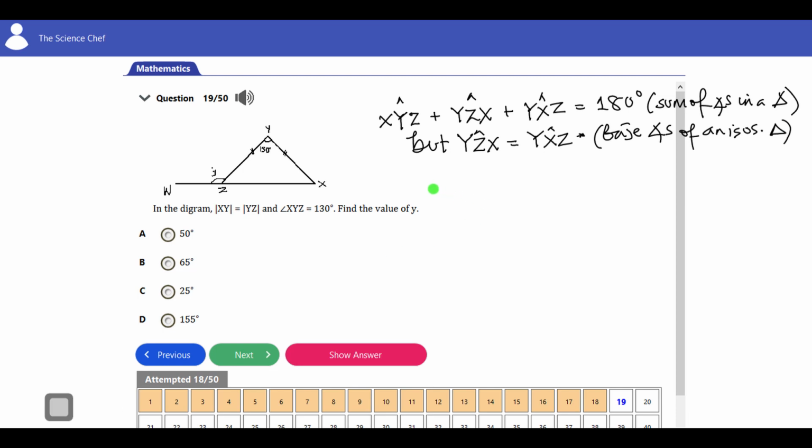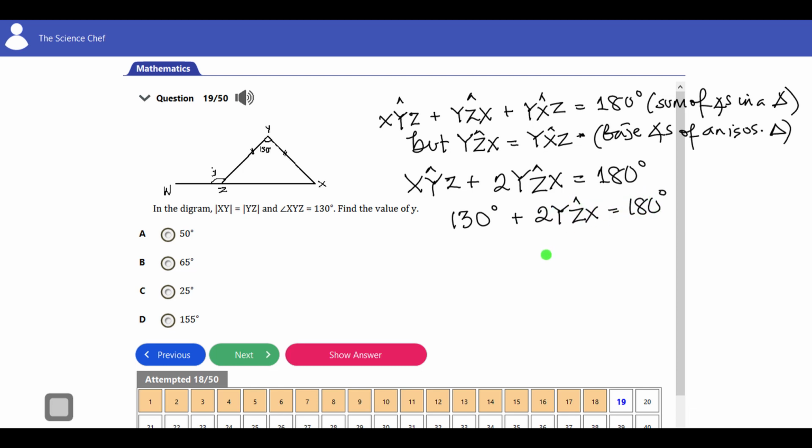So which means that we can then say that xyz plus 2yzx equals 180 degrees, is it not? So when xyz is 130 degrees, 130 degrees plus 2yzx is 180 degrees.